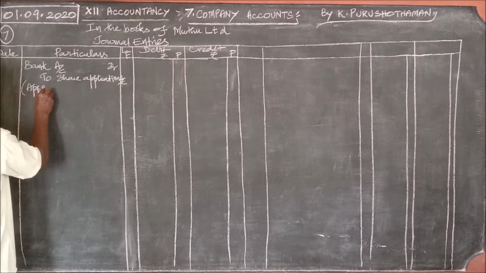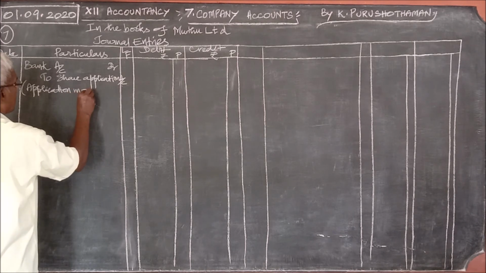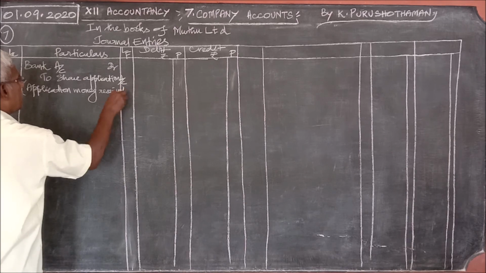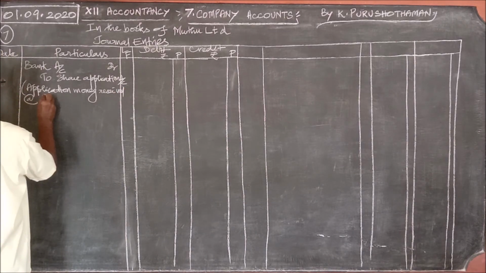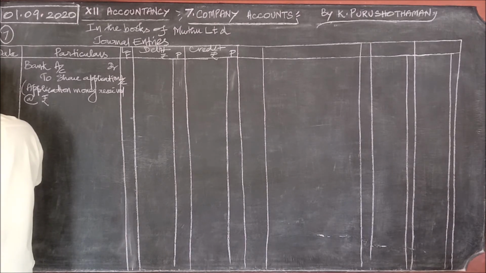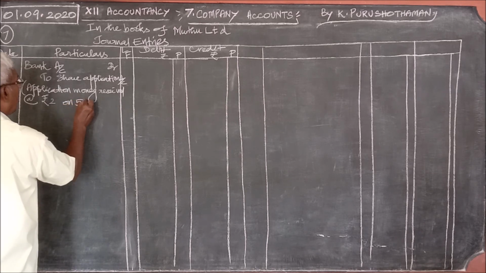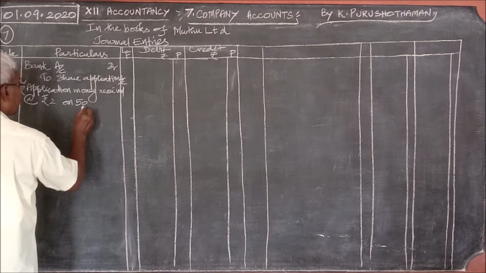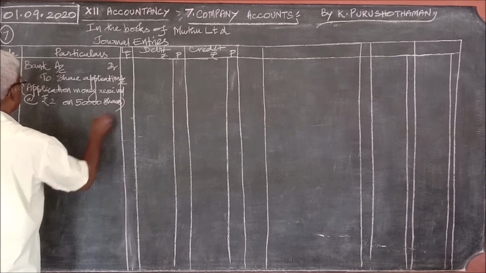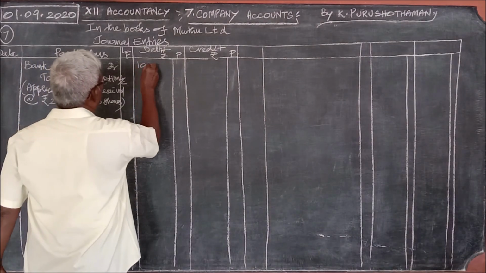Application money received at the rate of rupees 2 on 50,000 shares. So 2 into 50,000, 1 lakh we should write.